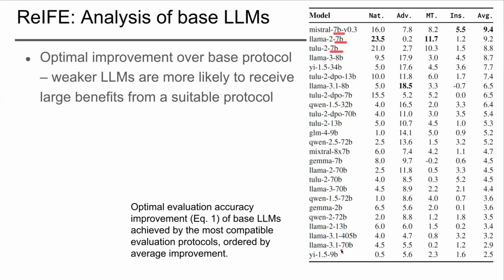However, if you move on to very big models like 70B or 405B, if you change the protocol and choose the optimal protocol, you would at most get about 3 points improvement. It is still significant, but is not as high as 9 points. This means that the bigger models are less sensitive to the choice of prompt. They still perform well even if you use a base prompt and don't use a more complex evaluation protocol.